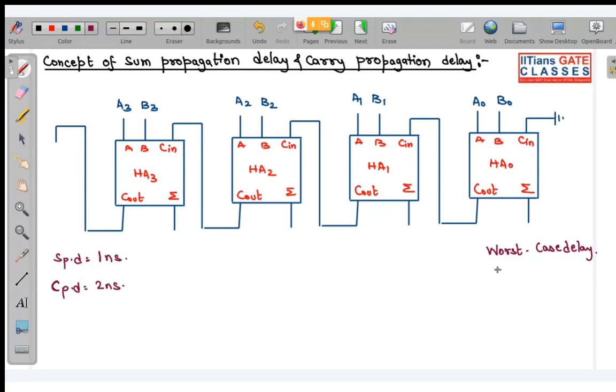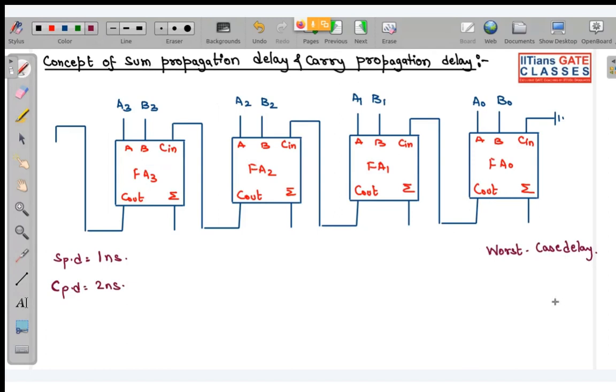As it is worst case delay, I am assuming that all the full adders are suffering from delay.